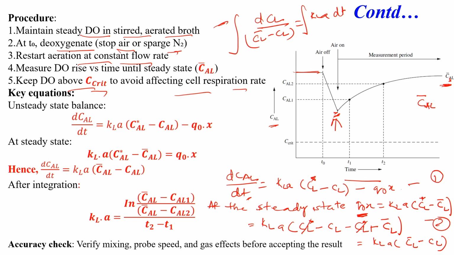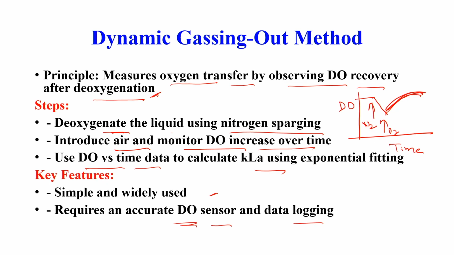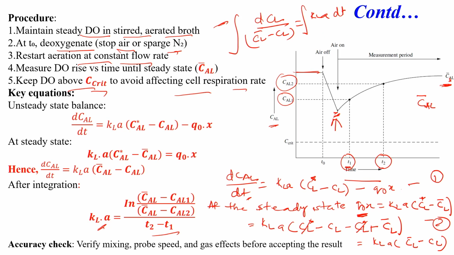You can take any 2 points, let us say time t1 to t2, where for t1 the corresponding concentration is CL1, and for t2 the corresponding concentration is CL2. So this will be ln of CL bar minus CL1, minus ln of CL bar minus CL2, divided by delta t. In this way we calculate the KLA value using this gassing out method, or dynamic gassing out method.